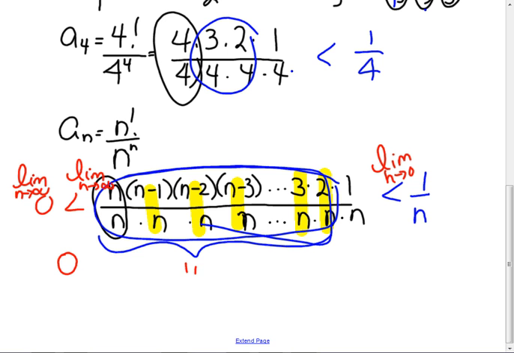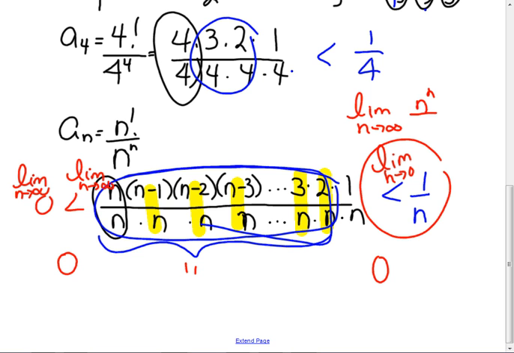And what's the limit of 1 over n? It's 0. Since the limit on the left is 0 and the limit on the right is 0, this is trapped between the two. Therefore, what has to be true about the limit as n goes to infinity of n factorial over n to the n? Sorry, I almost did it upside down. It's 0 by the squeeze theorem.